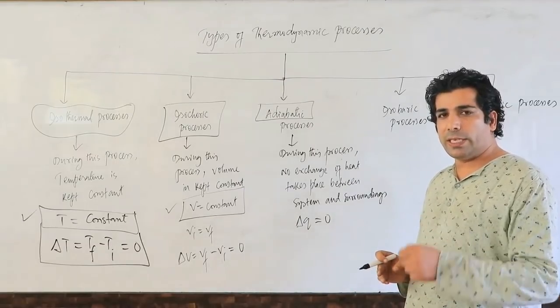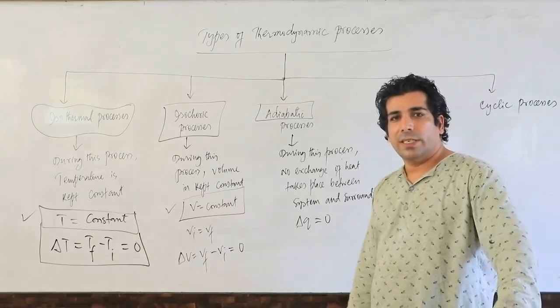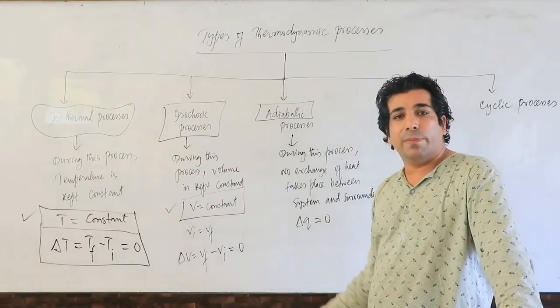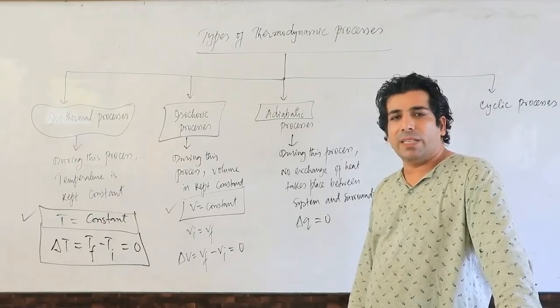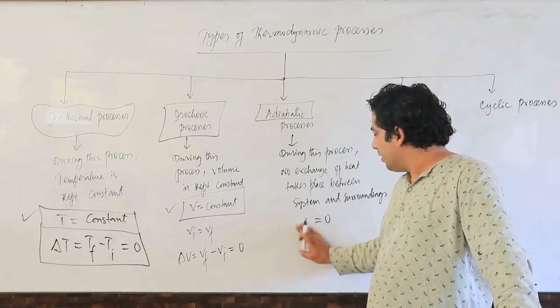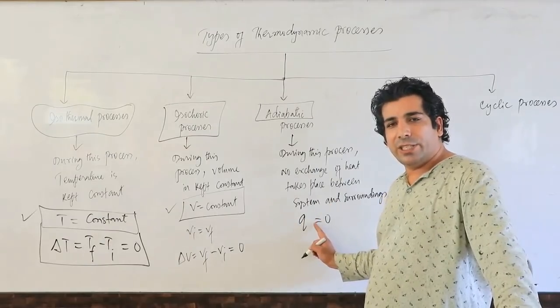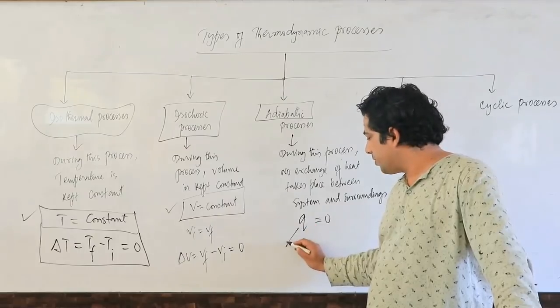But I told you last time that heat is not a which function? It's not a state function, it's a path function. So if it is a path function, I cannot write down delta Q. So that's why you have to write down Q only, and understand that this Q stands for the change.